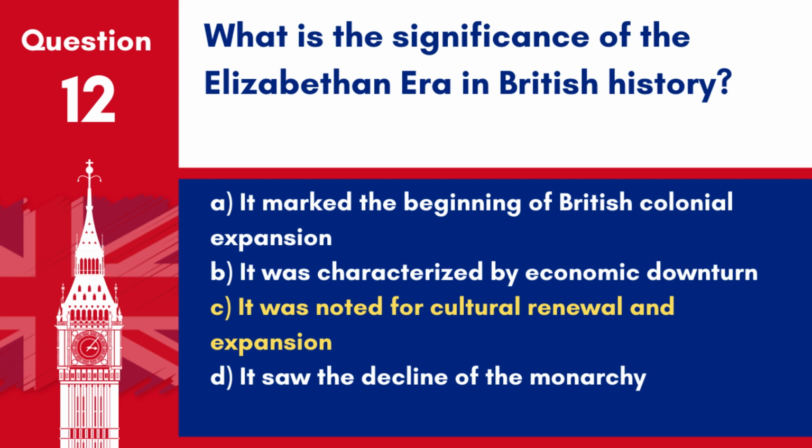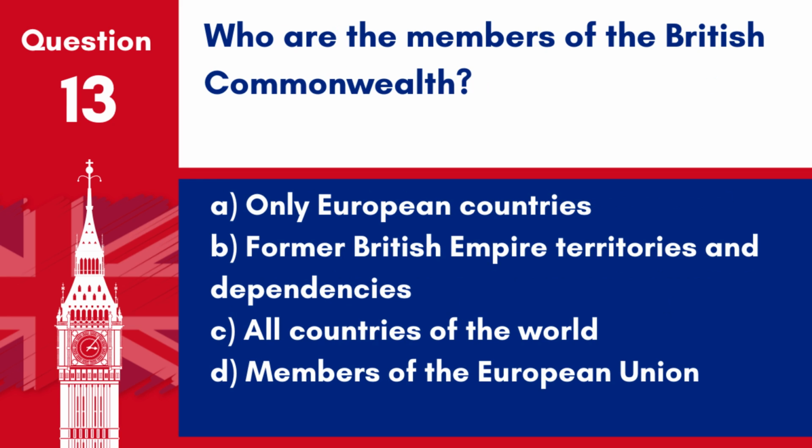Answer. C. It was noted for cultural renewal and expansion. The Elizabethan era, during the reign of Queen Elizabeth I, was noted for significant cultural renewal and expansion in English history.